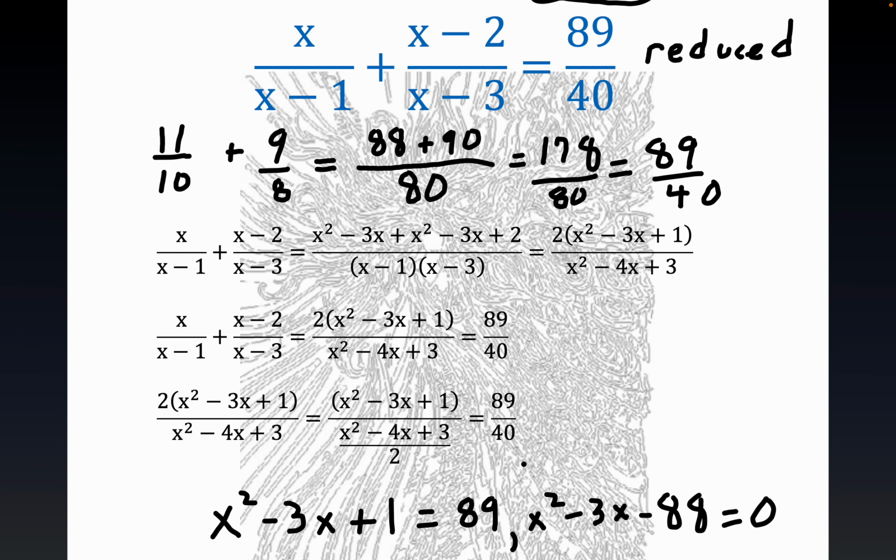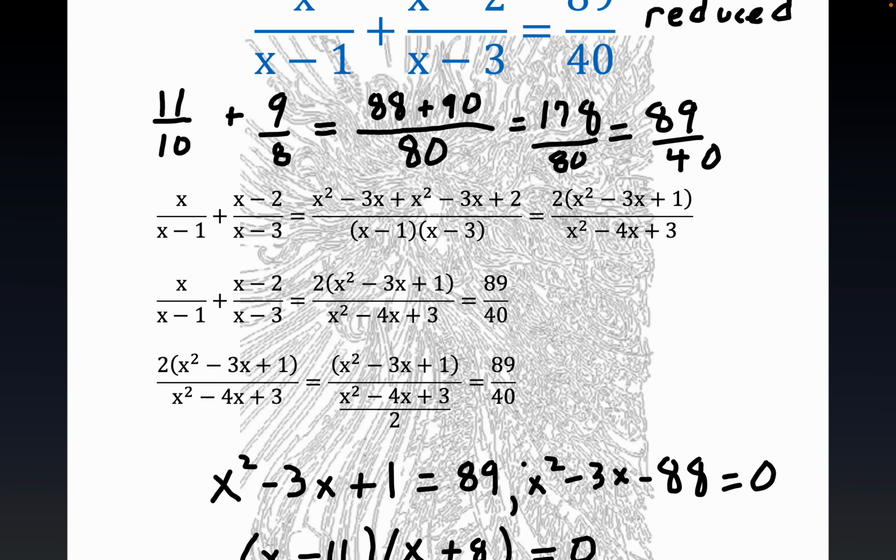And also, if you wanted to, you could work with this piece right here. This bottom part would be equivalent to x squared minus 4x plus 3 equals to 80.